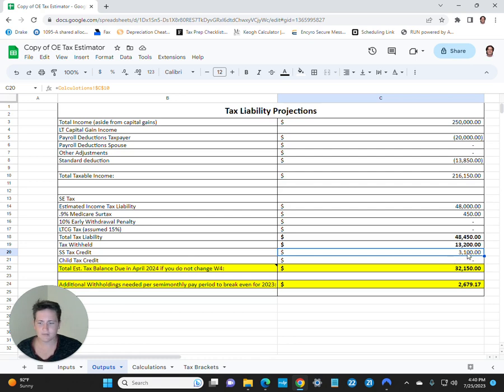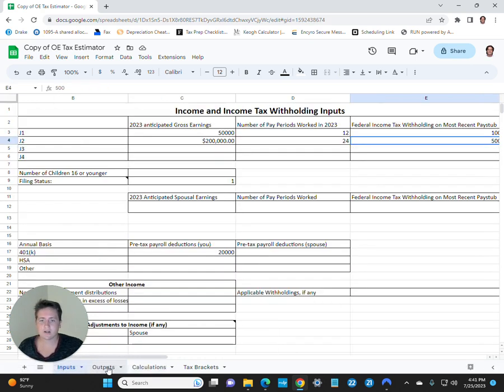Is that the IRS's calculator doesn't always account for the Social Security tax credit you get if Social Security tax is over withheld. So Social Security tax is withheld until you reach $160,000 in wages. Then your employer stops withholding it because you're only supposed to owe that much.